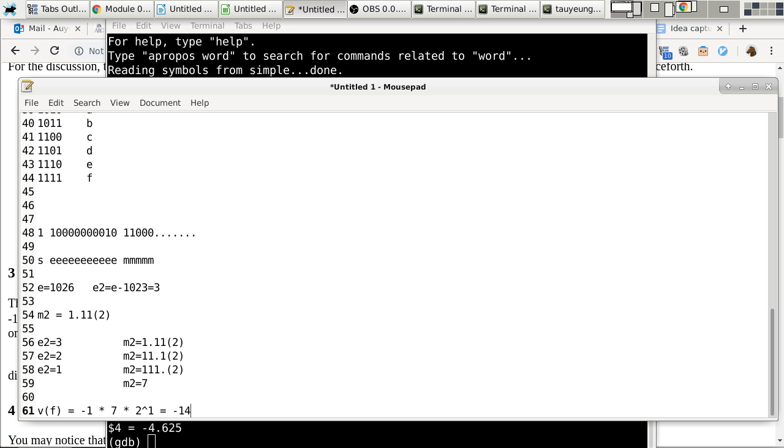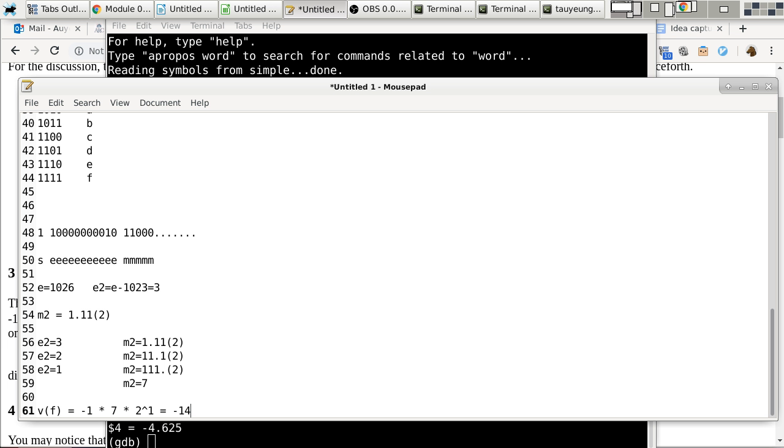So -14, I claim that -14 has a bitwise representation like this in a double precision IEEE floating point number format. That's my claim. How do we check this? Well, we can do it the same way as before, but we can also do it in a slightly different way.